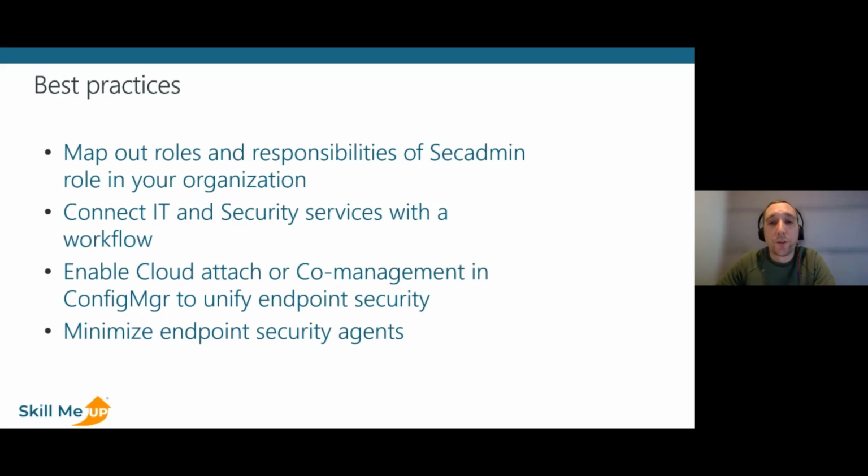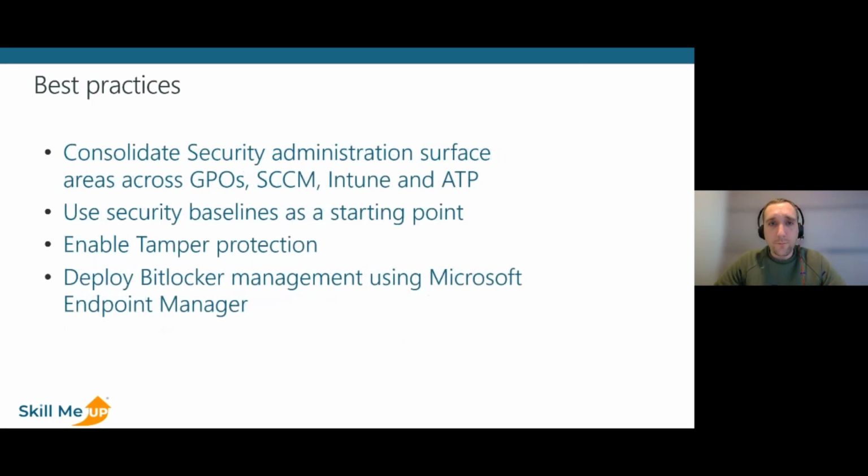Minimize endpoint security agents. You don't want 10 agents on your devices. Of course, it will have an impact there. Consolidate security administration surface areas across GPOs, SCCM, Intune, and ATP. Use security baselines as a starting point.